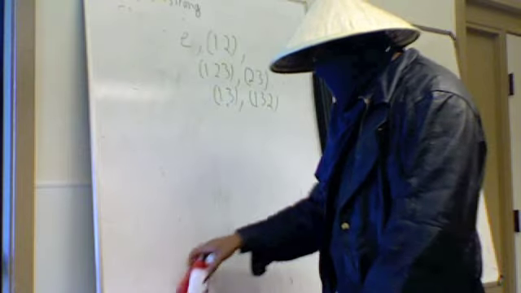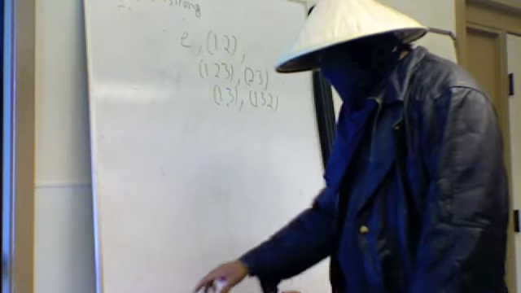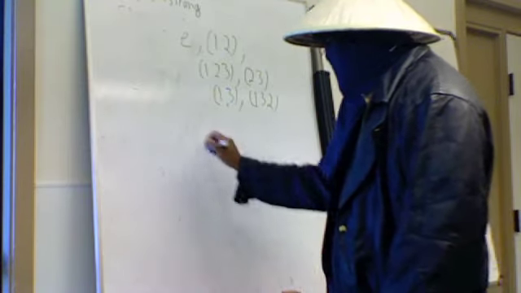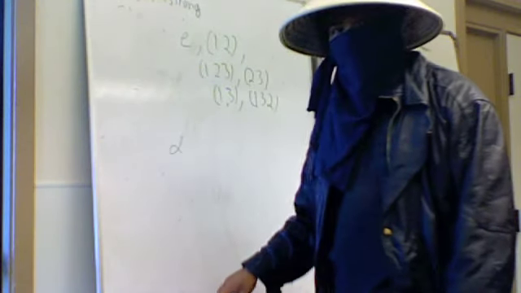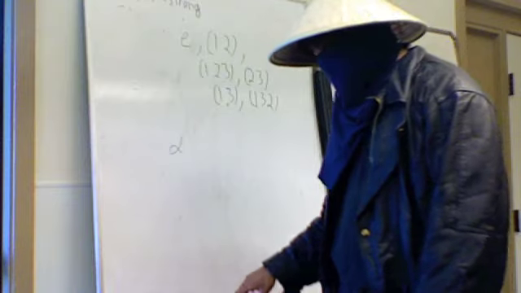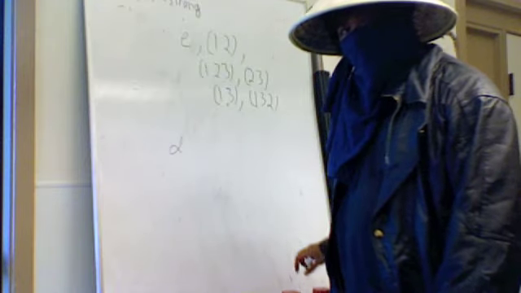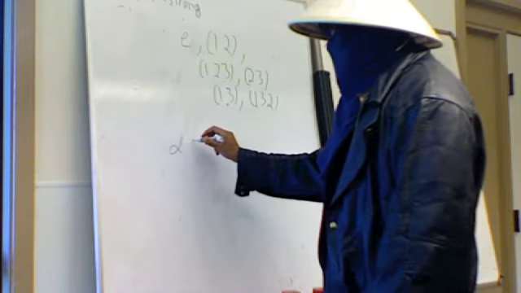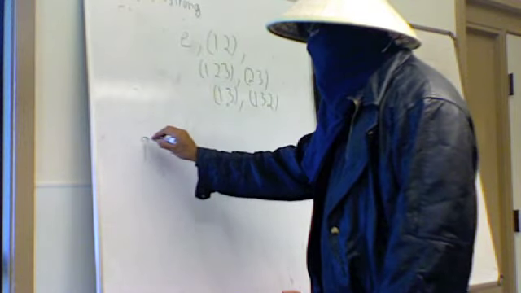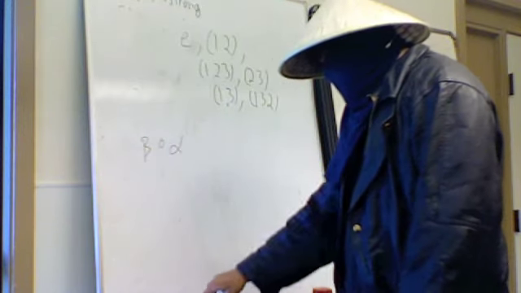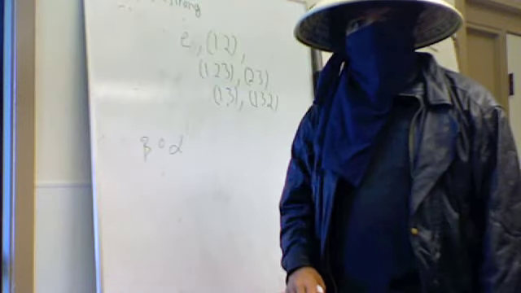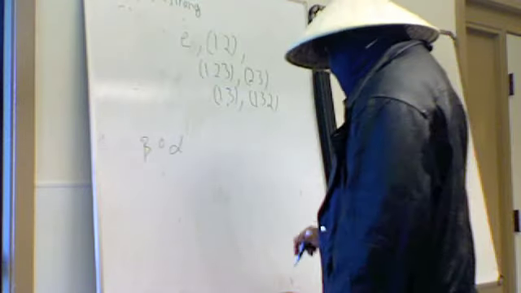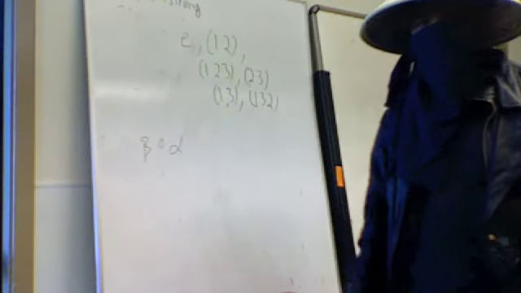I permute from 1, 2, 3, take alpha, and then I perform a permutation alpha. But also, I can then perform another permutation, beta. And then we say this is the final permutation. This is still a permutation.